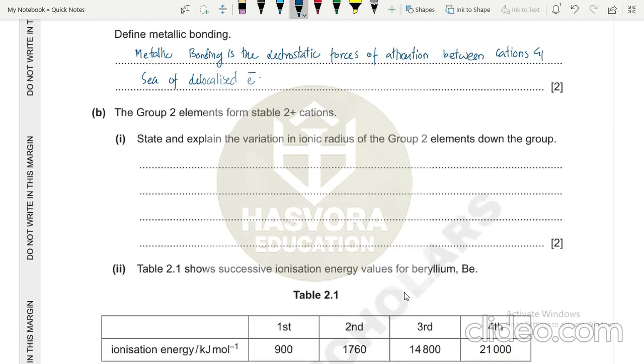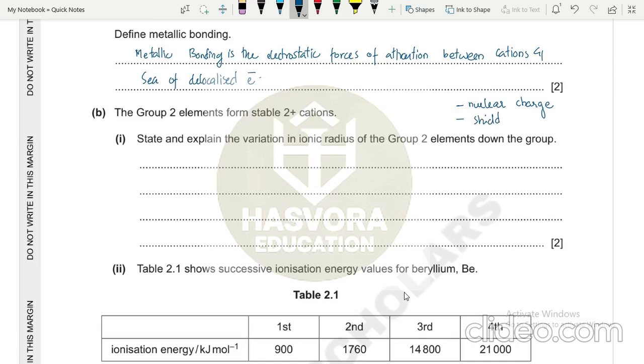Part B says the group 2 elements form stable 2+ cations. State and explain the variation in ionic radius of the group 2 elements down the group. So down the group, first of all, the nuclear charge will increase, because the proton number increases. The other thing that will increase is the shielding.